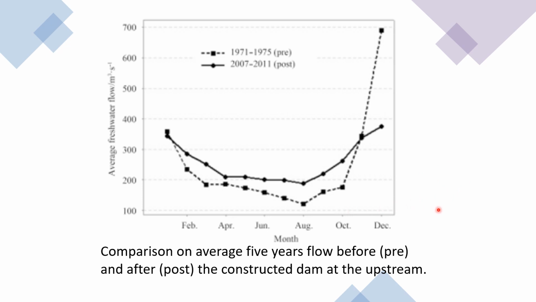And it is reported that before the Kenyir Dam was constructed, big floods frequently happened along the Terengganu River, especially during the northeast monsoon seasons.